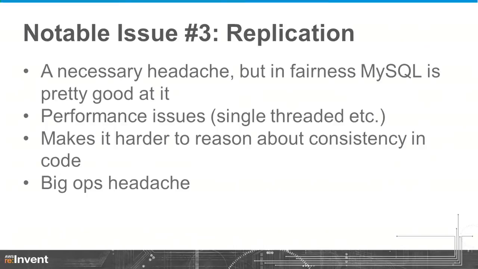Replication, once again, not ripping on MySQL. I think because MySQL had replication pretty much out of the gate, it's why anyone uses it today. But there are performance issues with it. And because we're so heavily reliant on our cache hierarchy, we get into a difficult situation about reasoning about consistency. Once again, just another big ops headache.